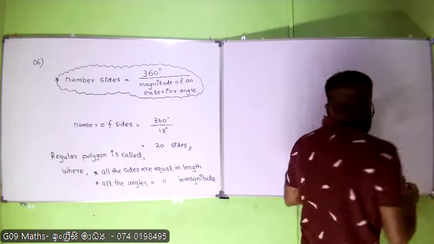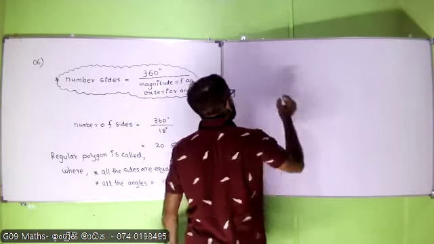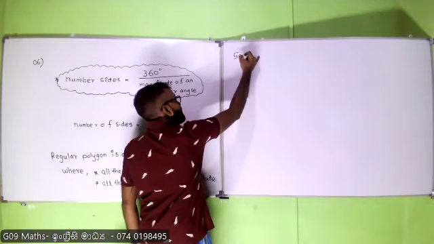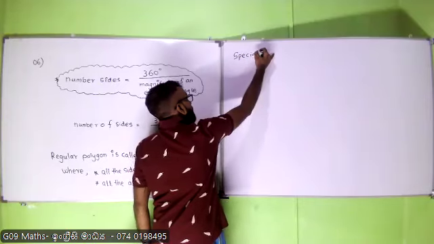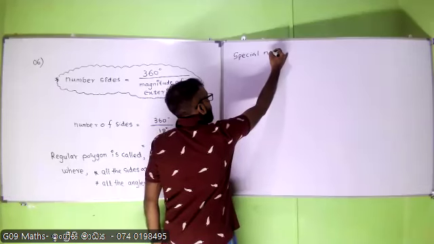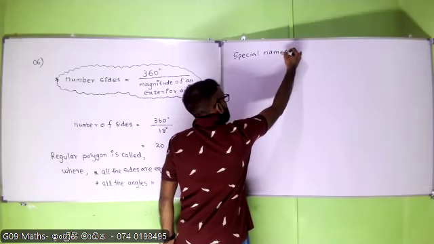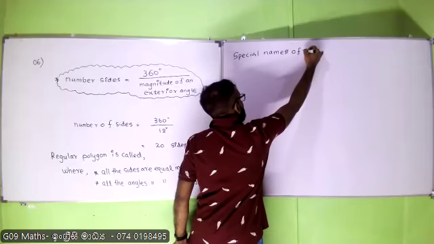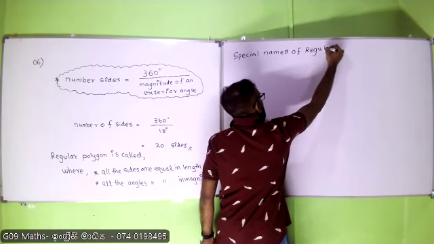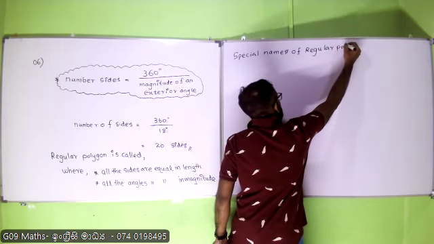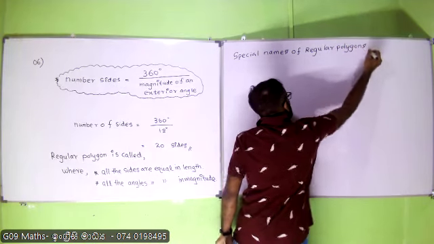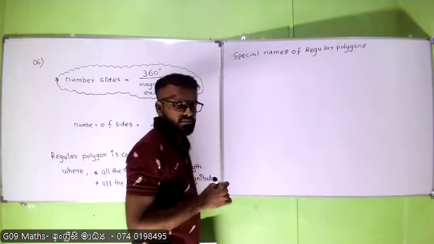Right, okay. So the special names of regular polygons. You know, special names for regular polygons. So what are the special names for regular polygons?